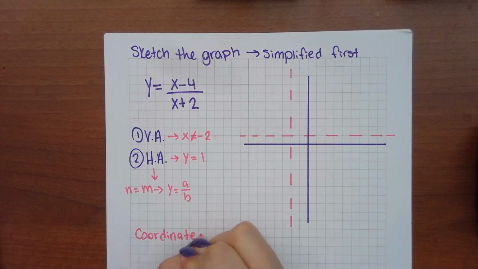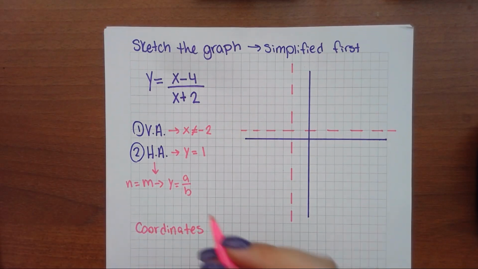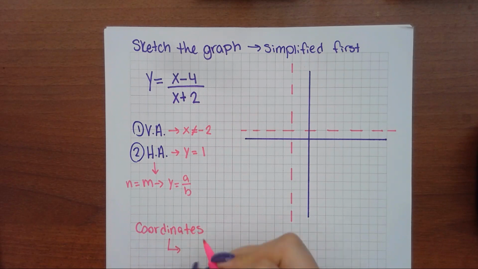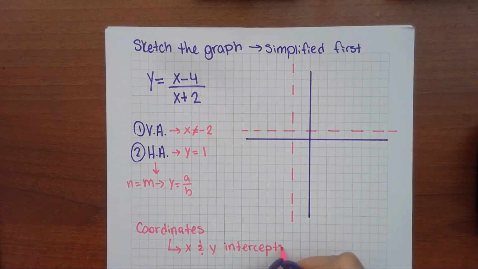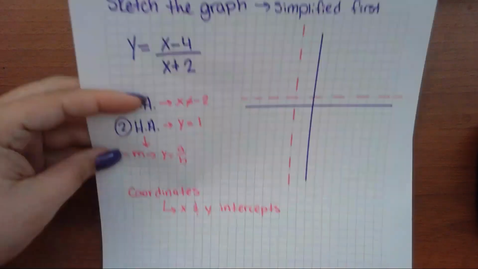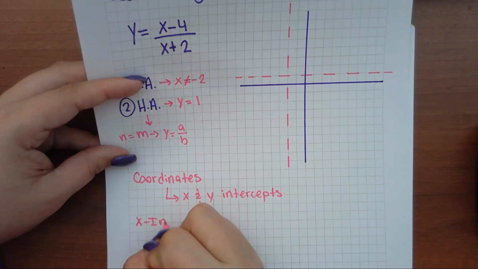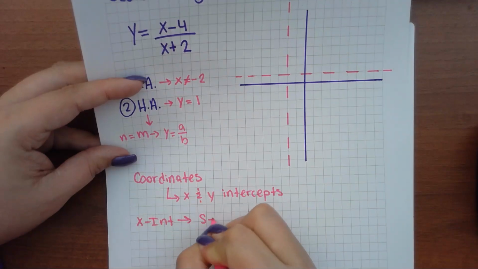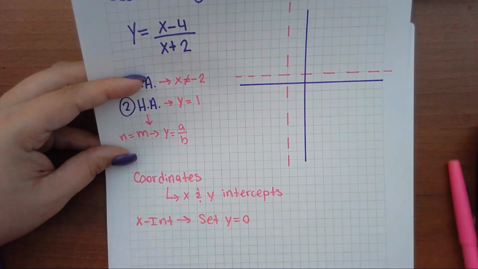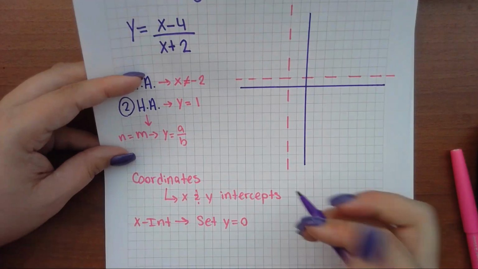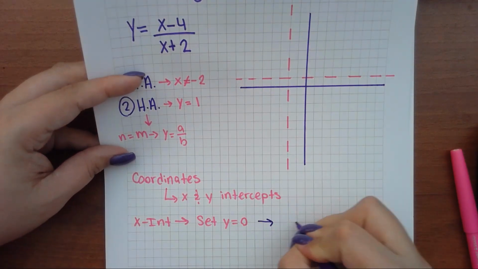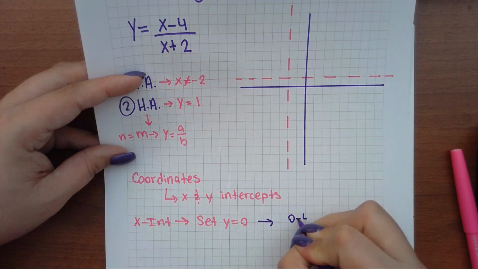And the easiest way to do coordinates is to find either your x and y-intercepts, and any additional points that you may need. So the first thing is to find your x-intercept. Let's review that. To find your x-intercept, you set your y equal to 0. Well, if I do that here, my y equal to 0, that would be 0 minus 4, or no, I'm sorry.